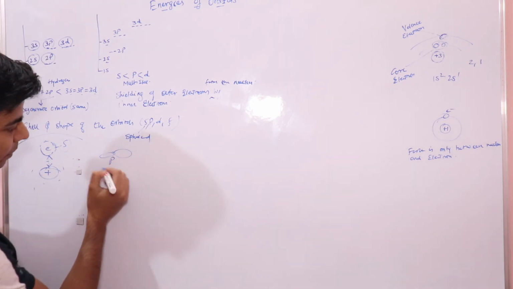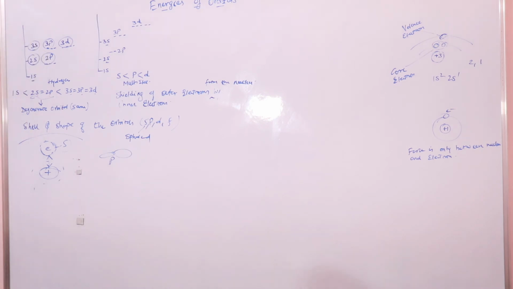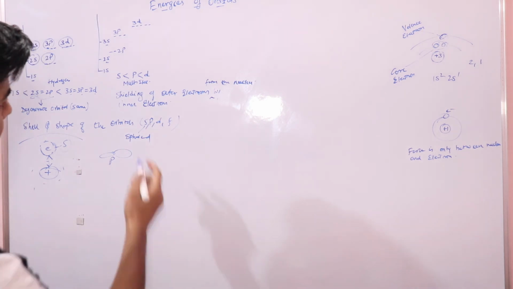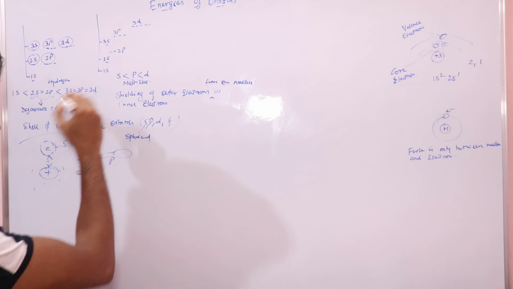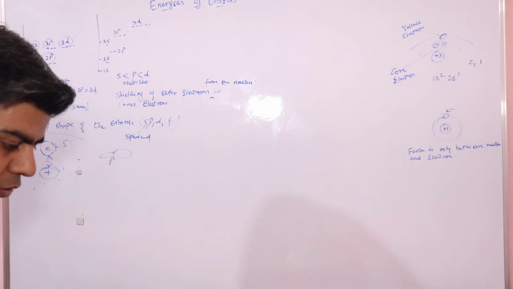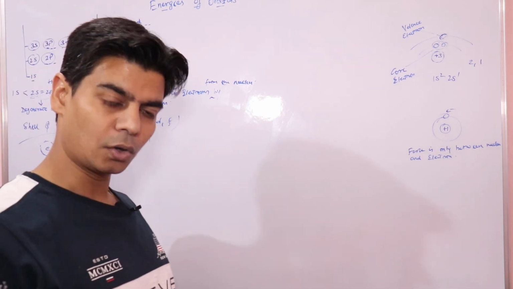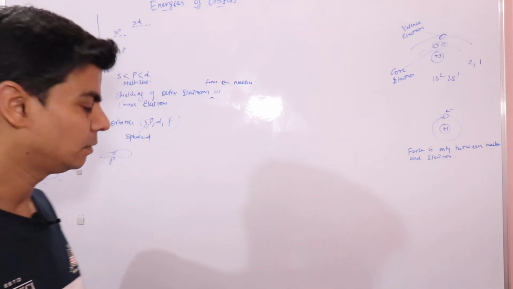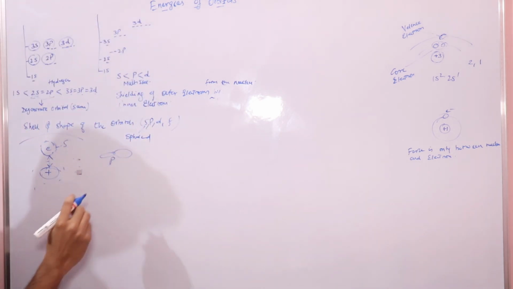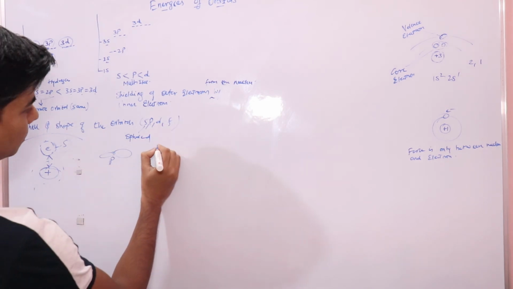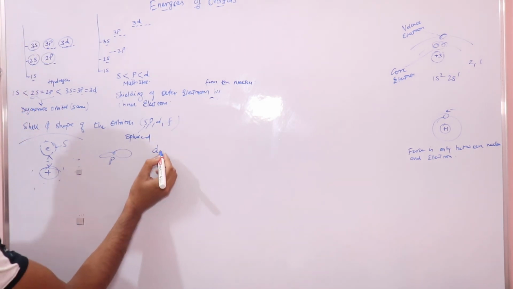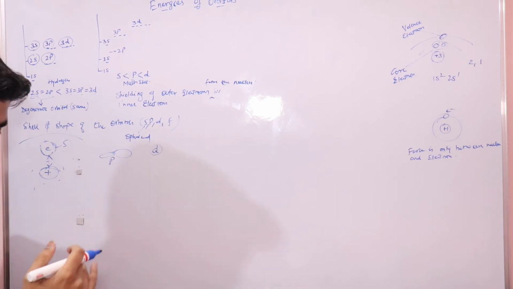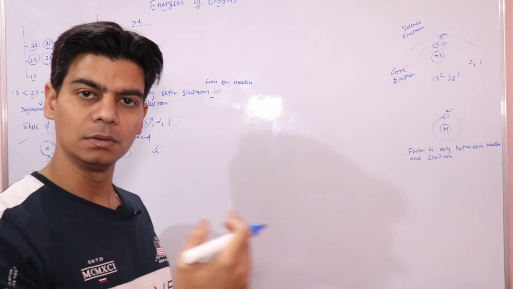So the energy of the p orbital would be higher than the s orbital, because the electrons in the p orbital are not as close to the nucleus as electrons in the s orbital. And if you compare with the d orbital, the electrons in the d orbital are even farther from the nucleus.